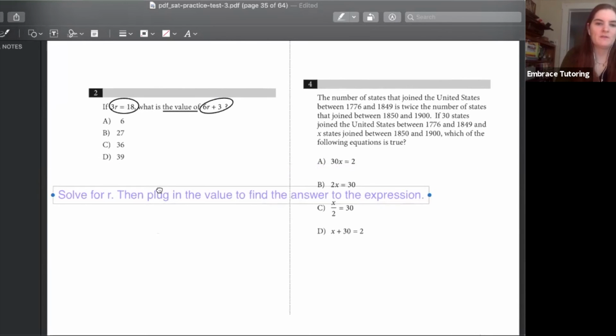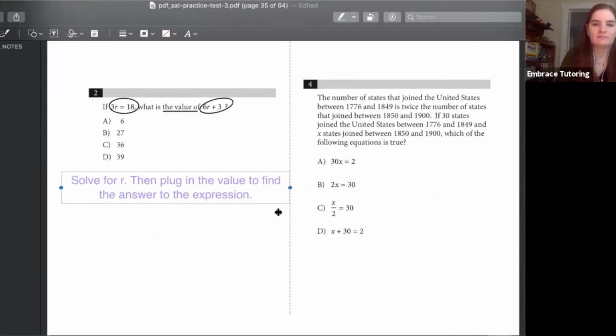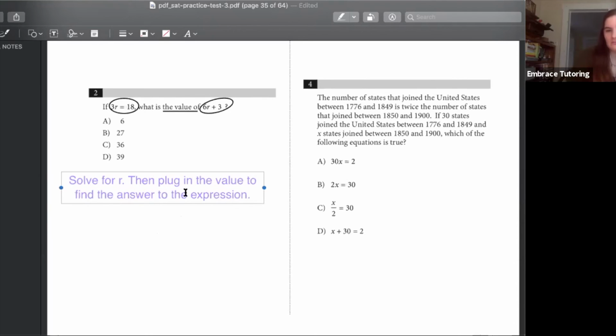Okay, so basically that's what you're doing. Solve for r, then plug in the value to find the answer of the expression. That's exactly what we did.